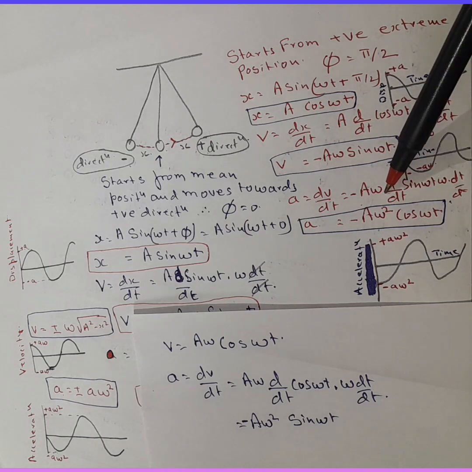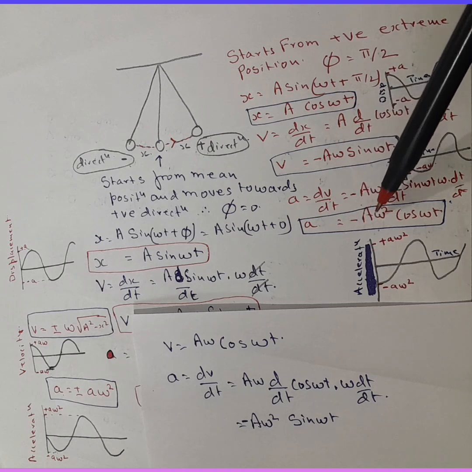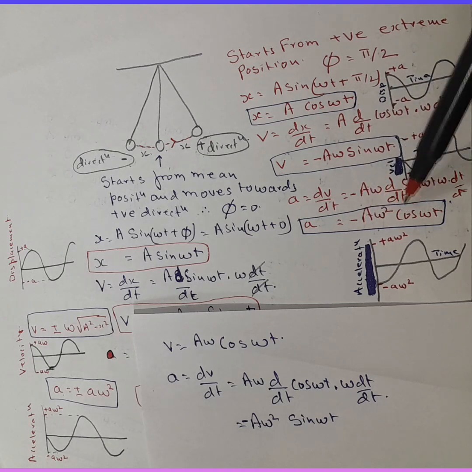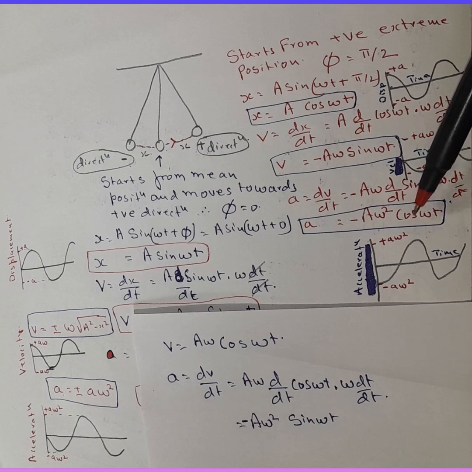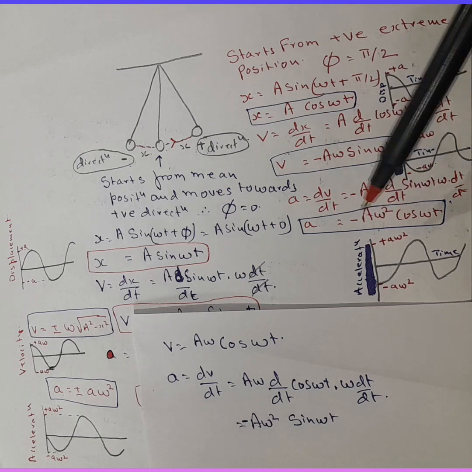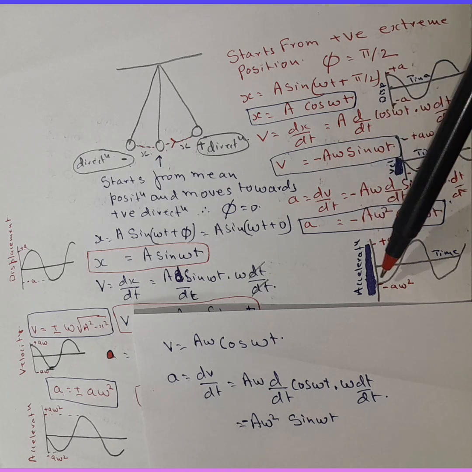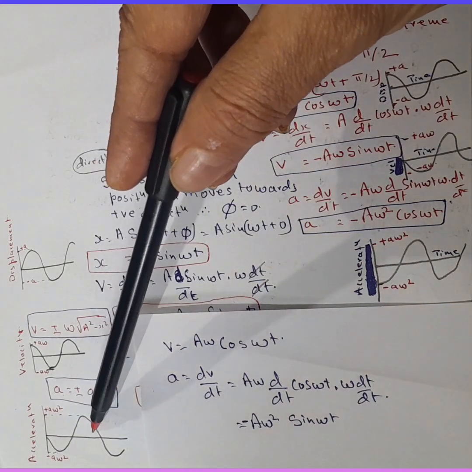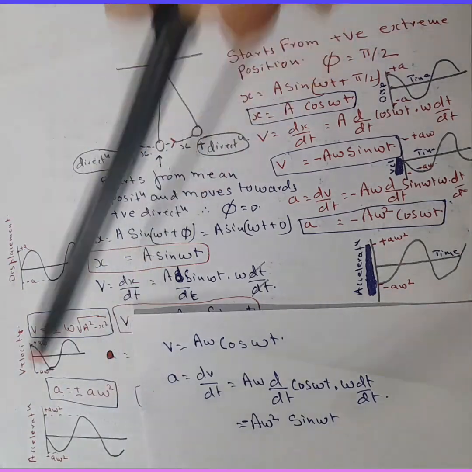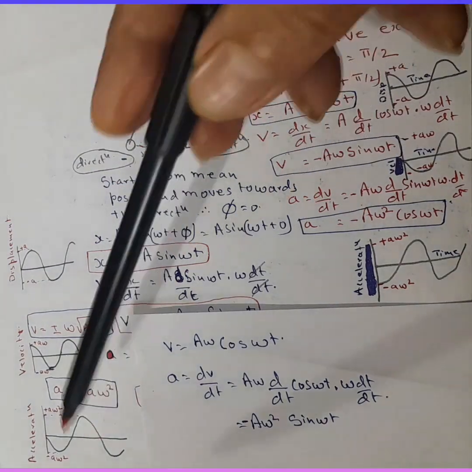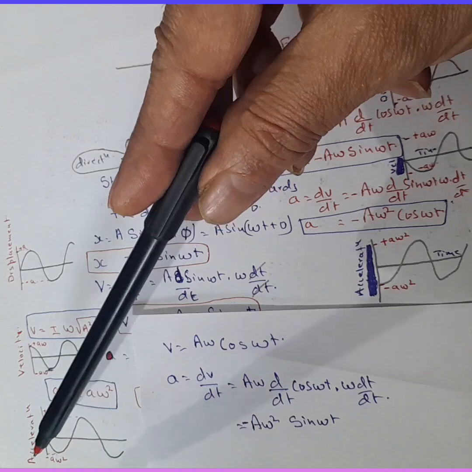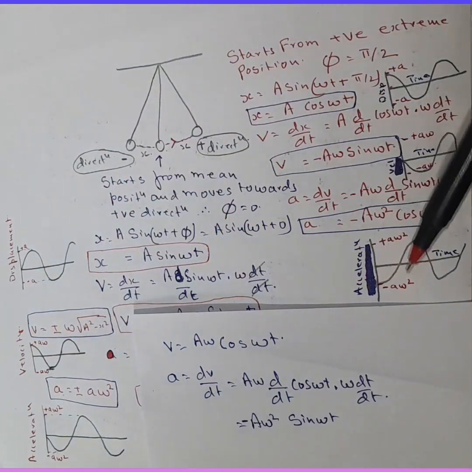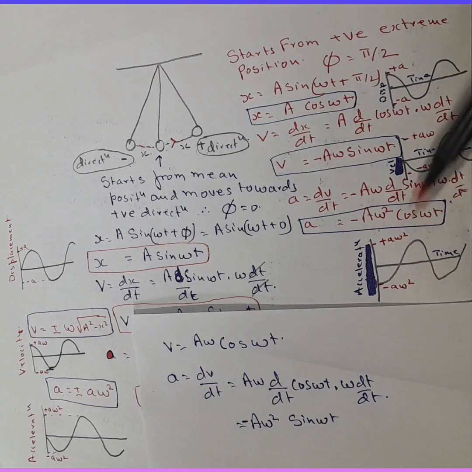One omega adds and multiplies over here, so it becomes minus a omega square, and sine gets converted to cos omega t. So now it formed a cos curve, minus a omega square, so it is a cos curve but negative, whereas here we found that it was a sine curve but negative. So when it started from mean position, the acceleration graph showed a sine curve but negative, whereas here it is a cos curve but negative. Alright, so this is the difference.